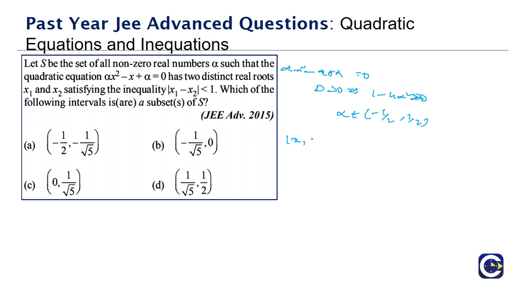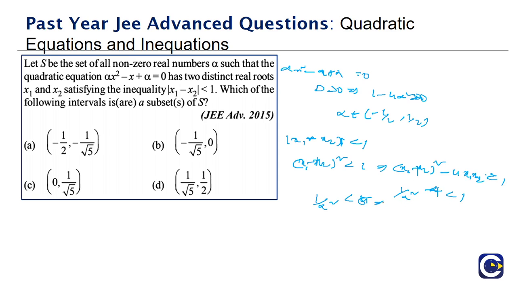We know that mod x1 minus x2 is less than 1, right? So x1 minus x2 whole square is less than 1, implies x1 plus x2 whole square minus 4 x1 x2 is less than 1. So 1 by alpha square minus 4 is less than 1. So 1 by alpha square is less than 5, implies alpha square is greater than 1 by 5.